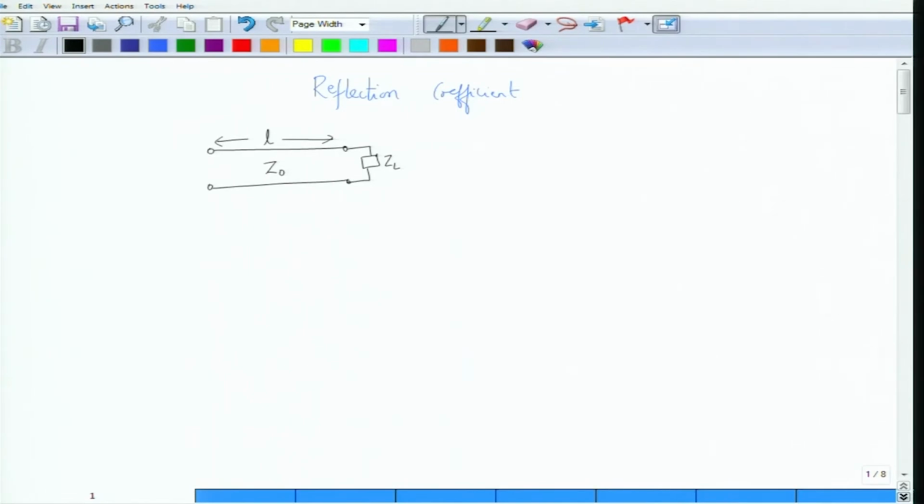This implies that Z0 is real, and the propagation constant gamma will be purely imaginary, that is, the attenuation coefficient is equal to 0. We will substitute this condition later in a few minutes.